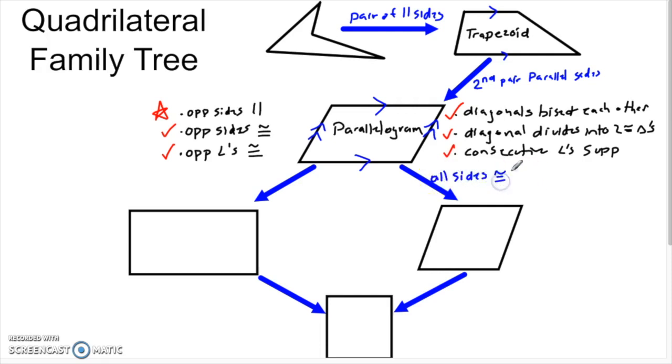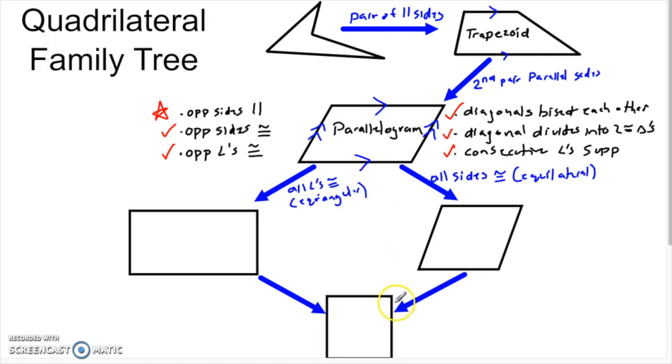In other words, ask this shape to be equilateral. The other restriction I could impose on my parallelogram, this blue arrow, could ask for all angles to be congruent. So I could ask for all angles congruent, which is to say equiangular.